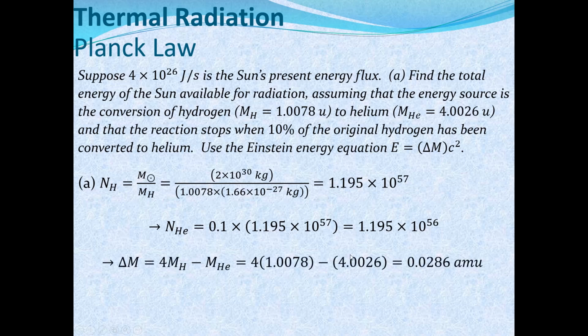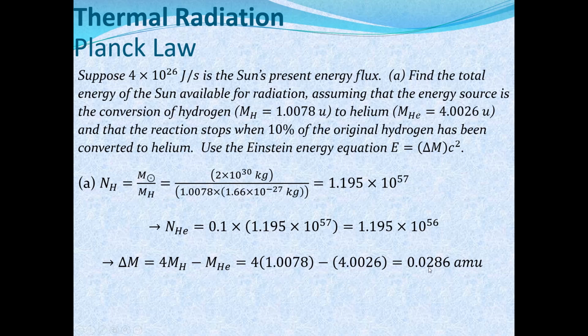Now what we're going to do is find that the change in the mass would be equal to the amount of hydrogen that was combined minus the amount of helium that we end up getting, using the mass values.